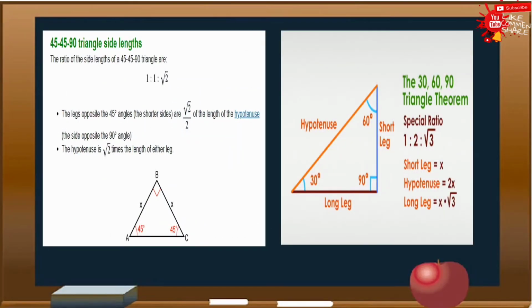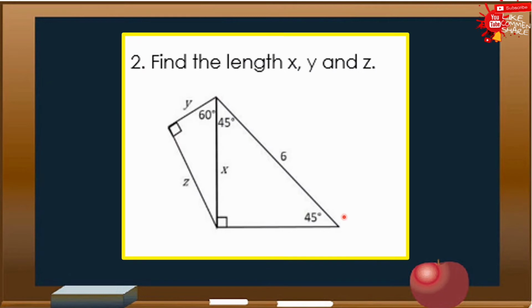Okay, balik ulit tayo sa 45, 45, 90 degree at saka 30, 60, 90 degree. Gagamitin po natin yan para masagutan to. May konting, huwag kayong malilito sa question na ito. Find the length X, Y, and Z. Ito ay isosceles triangle. Ang hypotenuse ng ating isosceles is 6. Okay? So, explain ko yan.